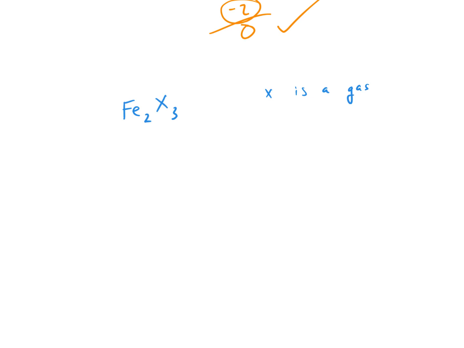What is X? By the way, this is on the final, ladies and gentlemen. Is it one of the noble gases? That's a good question. We can't just guess. If you're guessing, you're getting it wrong, most likely. Don't guess.